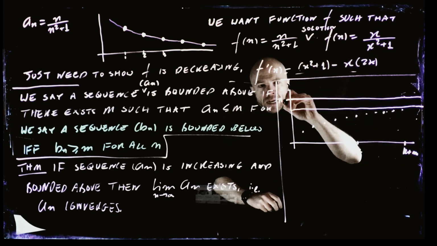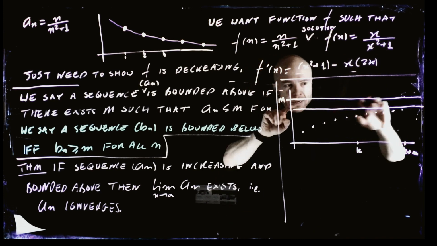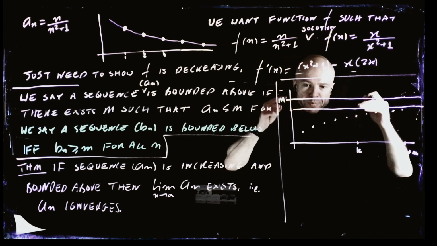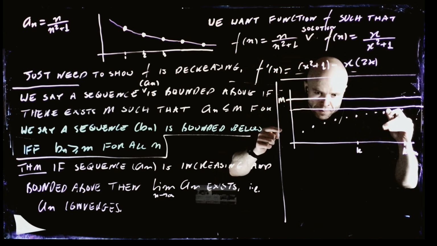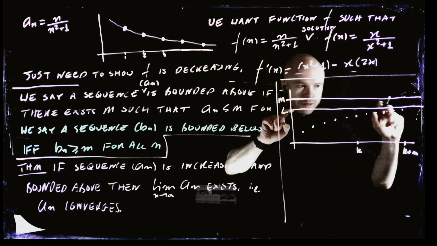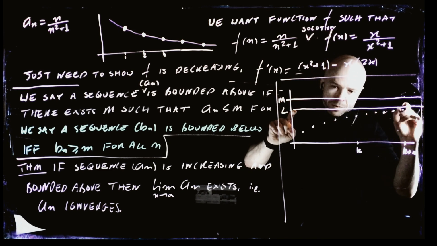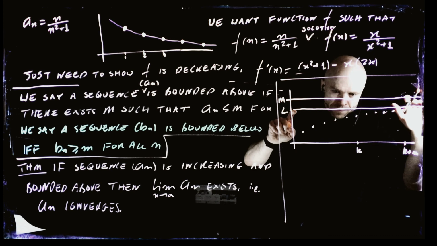So this is our upper bound, M. That doesn't have to be the limit. M could be way above everything else. But if we consider the smallest number which is bigger than all the elements of our sequence, that number, whatever it is, L, is such that as we keep going along, we're pushed closer and closer to it.